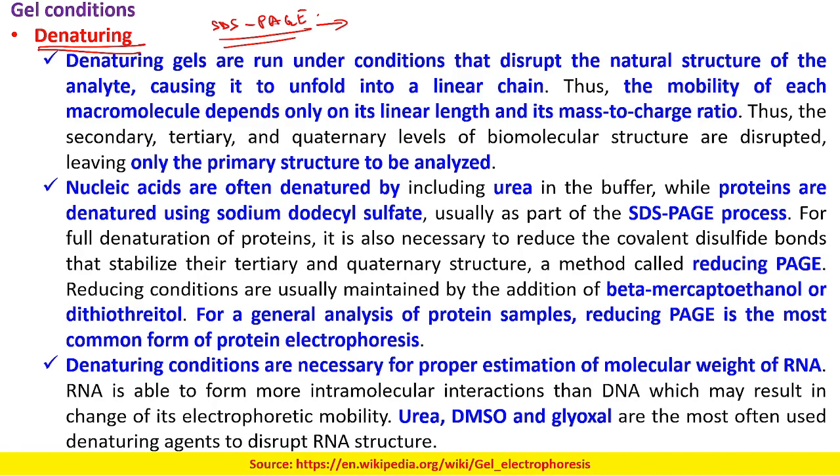So SDS PAGE will basically be used for proteins itself, right? Now why have we added SDS? What is SDS? SDS is sodium dodecyl sulfate. It is a surfactant. Now why do we use sodium dodecyl sulfate?